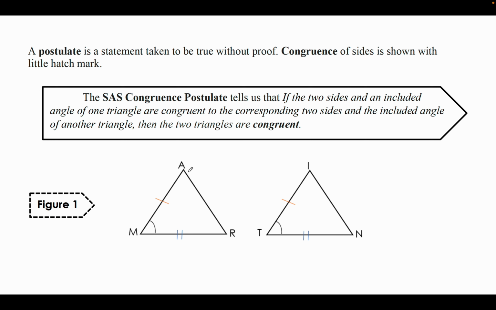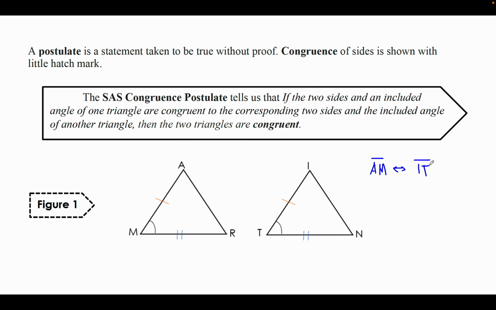Okay? So observe the markings here. This side, line segment AM or MA corresponds to, let me write it here, line segment AM. Recall the symbol for corresponding. So we have the two-headed arrows here. Line segment AM corresponds to line segment IT, right?